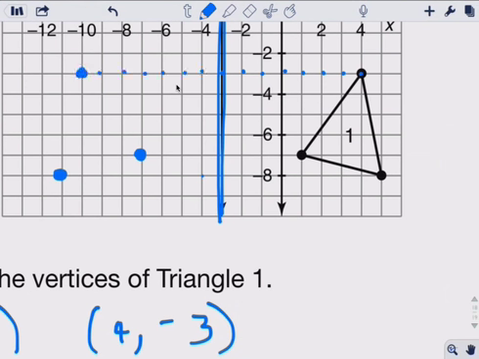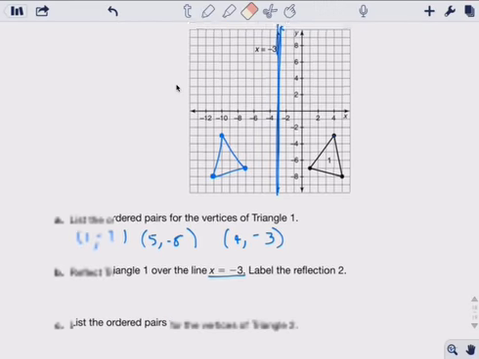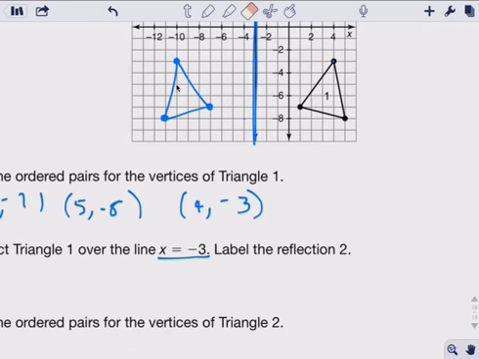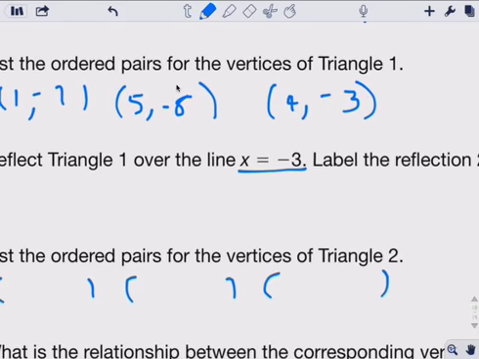Right there. Alright, let's connect it. And we got a reflection over x equals -3. And label it triangle 2. Okay. Ordered pair is, well, the y is going to be the same. So it's -7 here, -8 here, and -3 here.